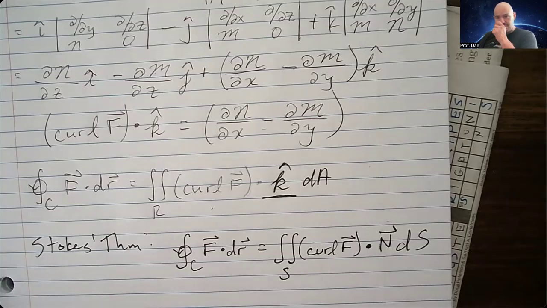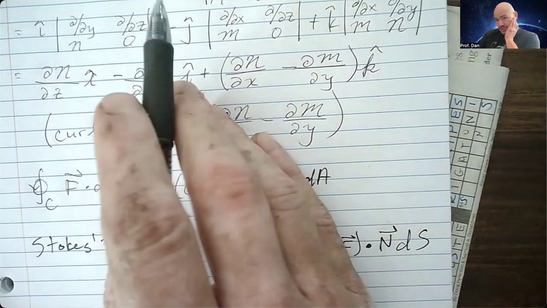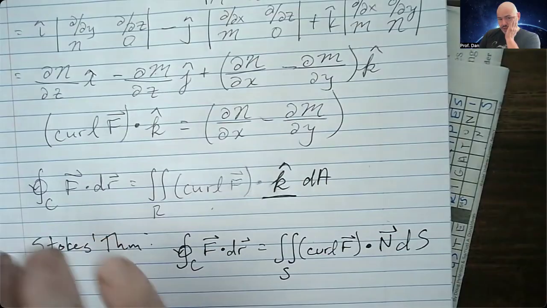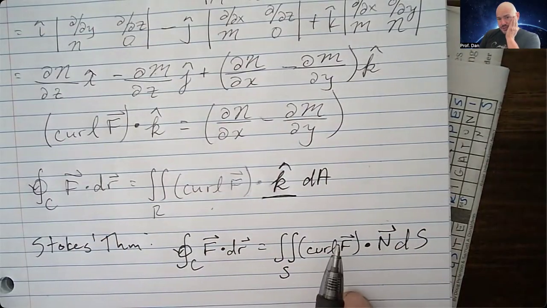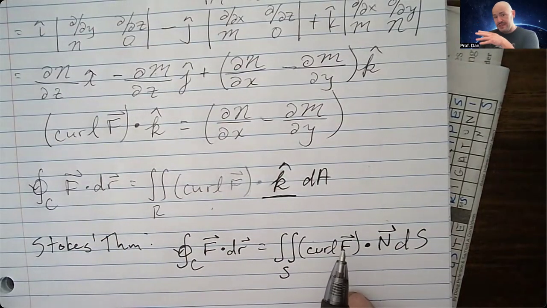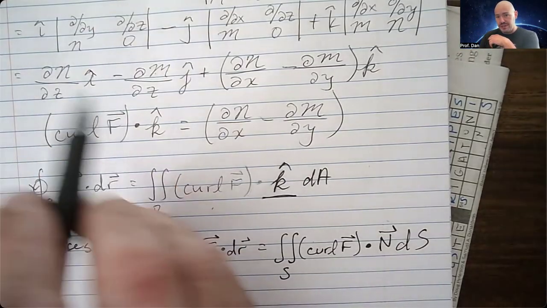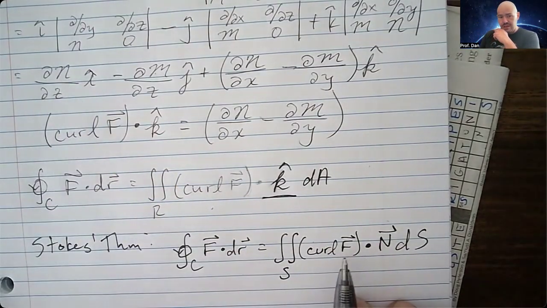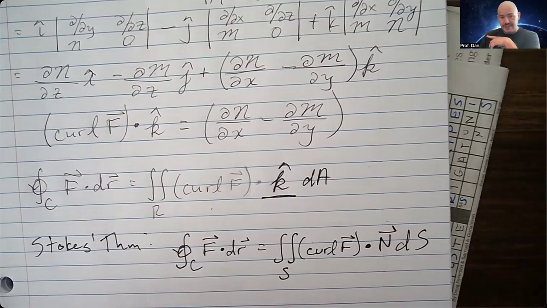Right, so Green's, you go from line integral to area, okay? Divergence, you go from surface integral to volume. And Stokes, you go from line integral to surface integral, right? That's different from Green's theorem because in Green's theorem, we were looking at a plane region, right? Stokes' theorem, we're actually looking at a surface itself, okay?